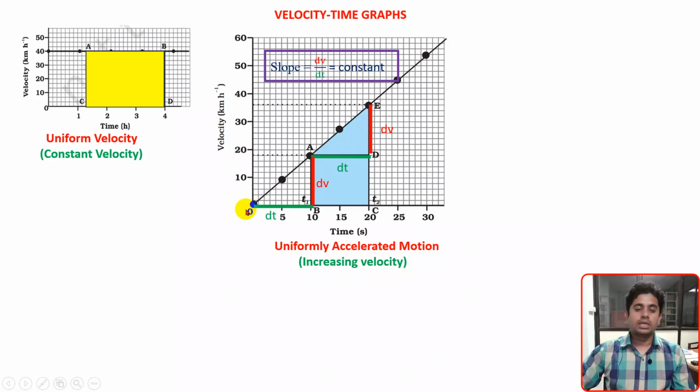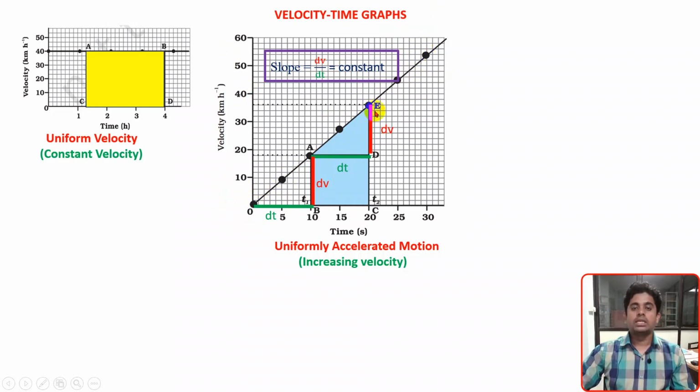So I can say the slope of this line is constant, or there is equal change in velocity in equal intervals of time. Then we will call this motion uniformly accelerated motion. Here, velocity is increasing, but acceleration is constant.